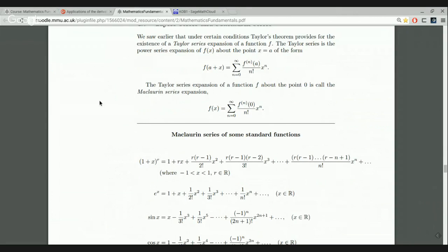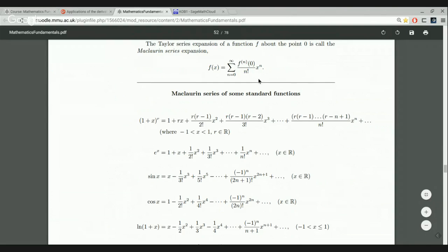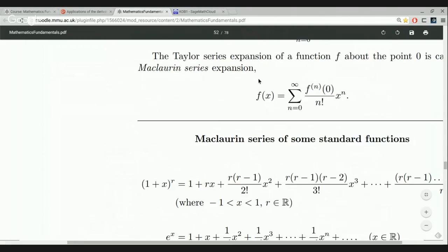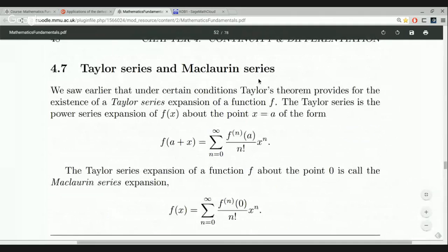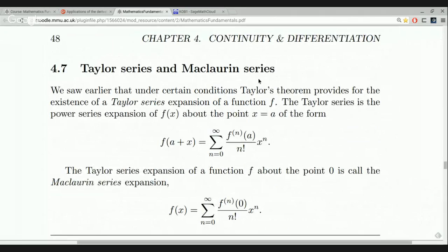Okay, so we met the definition of a Taylor series back in term one, and it clearly is an application of the derivative, because the derivative features in it. The Taylor series is an example of a power series, a situation where you have a function defined by an infinite polynomial in the argument to the function x.